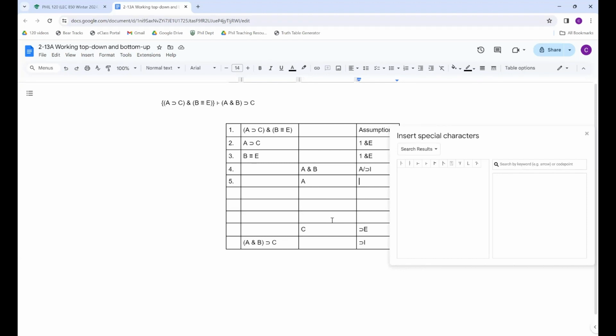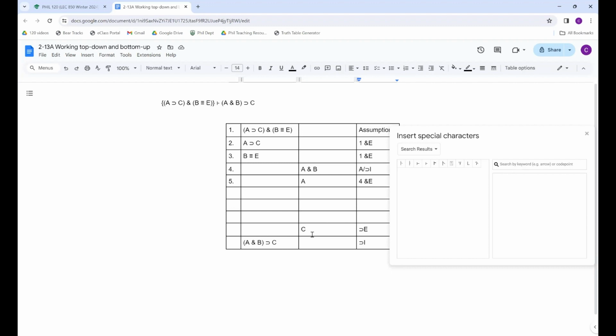So this we can actually just write in. We put in that we get the A by conjunction elimination from line 4. And now, what we've done, like the goal when you're working bottom up, is you get your goal sentences, you figure out how you could get those goal sentences.